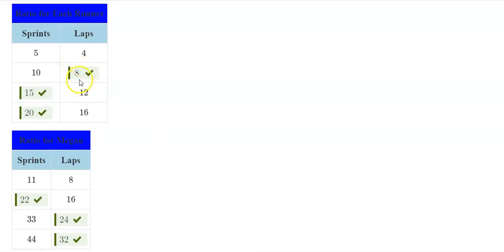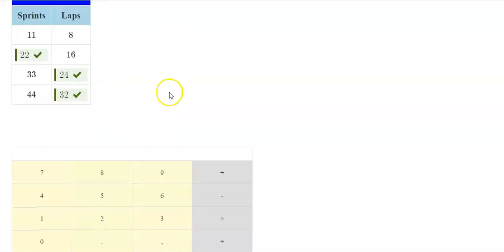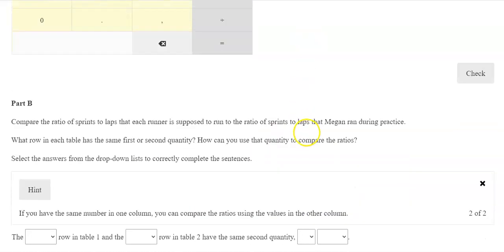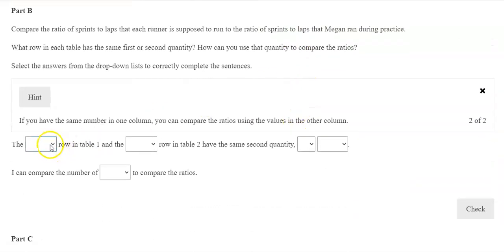do you see how we have an 8 right here in laps and an 8 right here in laps? So in the second row, up here, we have the same number of laps. So the second row in table 1 and the first row in table 2 have the same second quantity, which is 8 laps.